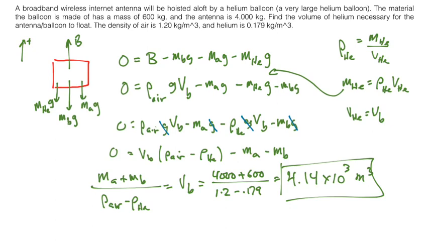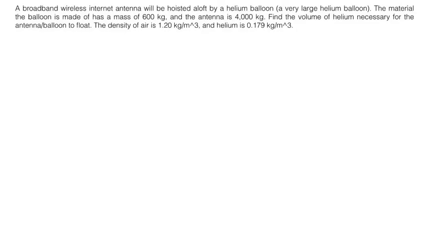How big does our balloon have to be? About 14 times bigger than this room. That's a lot of balloons, isn't it? That's a lot of helium, isn't it? Maybe. Yeah. Until you realize that this has been done before.